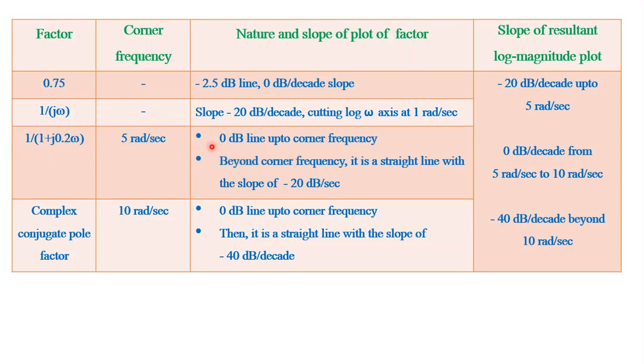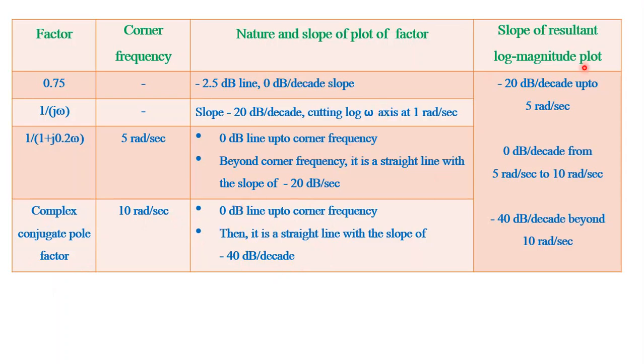Therefore, up to 5 radian per second, it is going to be 0 dB line. Thereafter, it is a straight line with a slope of minus 20 dB per decade because of the 1 by 1 plus sT term. Then complex conjugate pole, up to the corner frequency 10, it is going to be 0. Thereafter, it is minus 40 dB per decade. Anyway, all these we have even seen in the previous slide. We have just put it in the proper form, that's all.